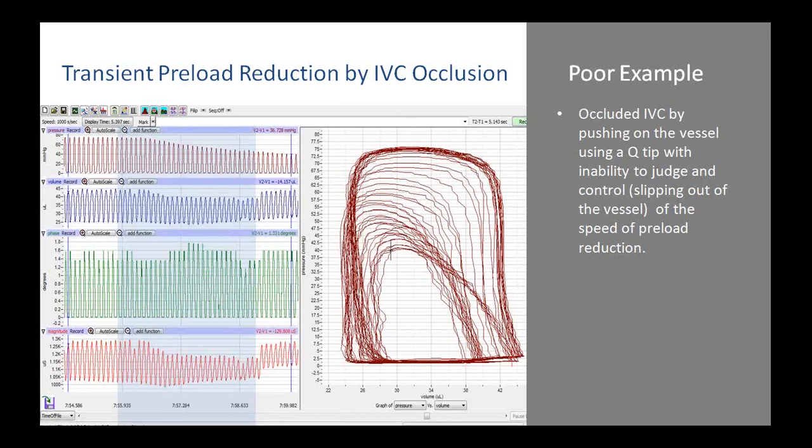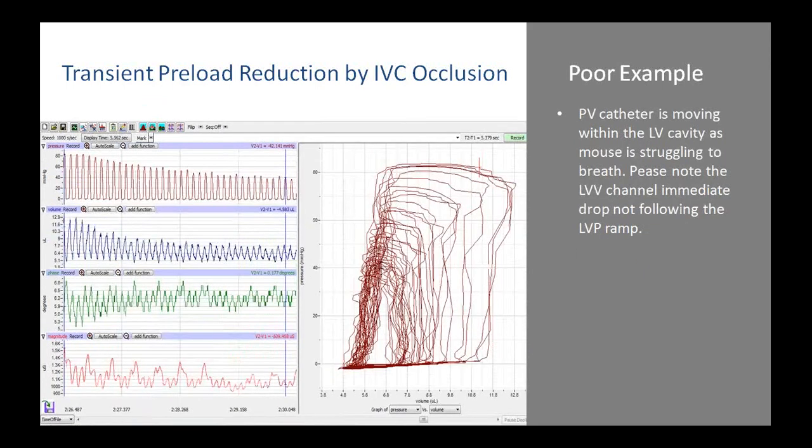Also, when you are observing the screen and push on the Q-tip, the ramp may not go down on the volume channel. Now you start to panic. Why? Then you increase the pinching power and your Q-tip slips out of the vena cava. There are multiple other scenarios, but please, this method is not reliable and repeatable.